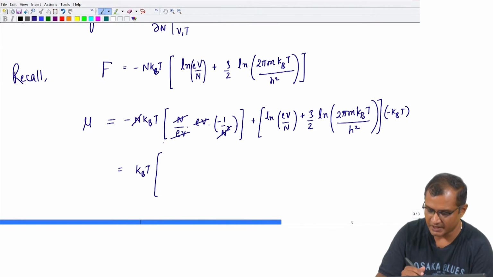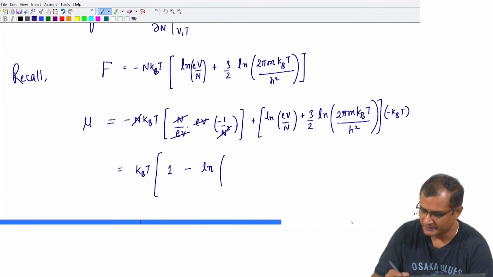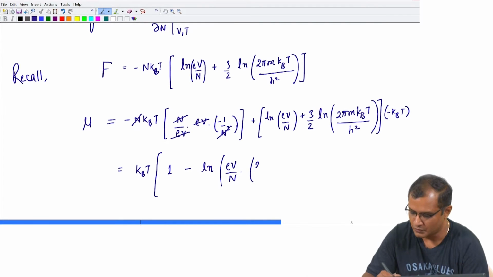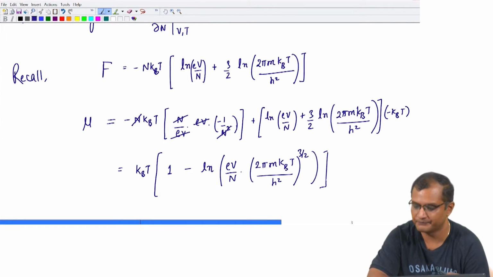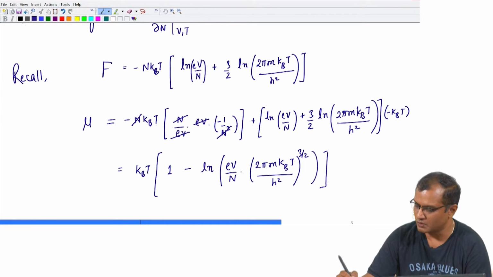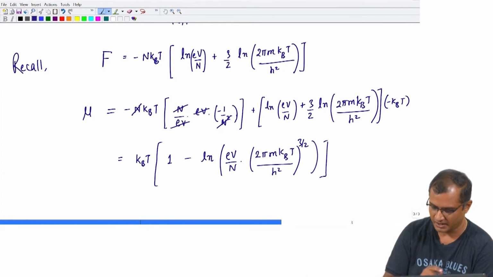If I take k T outside, then I have 1 minus the logarithm of, if I combine these two logarithms, e v upon n into 2 pi m k b T divided by h square to the power 3 half, by clubbing the two logs, and the minus k T is coming with a minus sign here because I have taken k T outside.